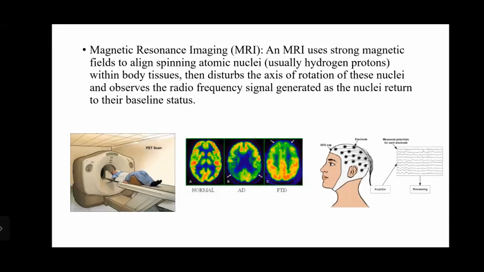This disturbs the axis of rotation of the nuclei, and the radio frequency signal generated as the nuclei return to their baseline state is observed. So these are some of the instruments, the ones that I've already read. The most effective one, we can say, is the MRI. It's really effective when seeing what's really wrong or how functional the brain is.